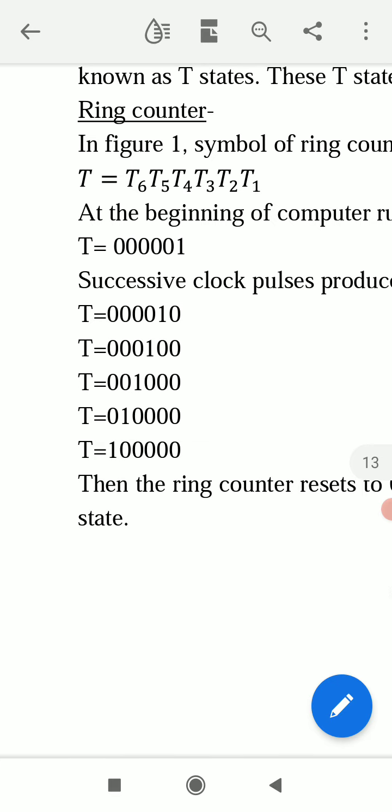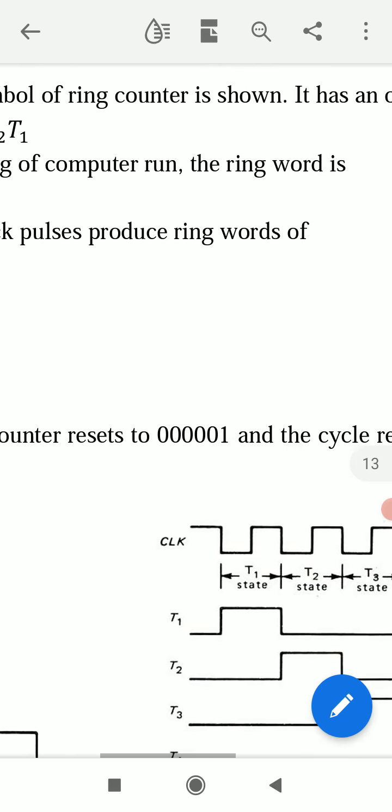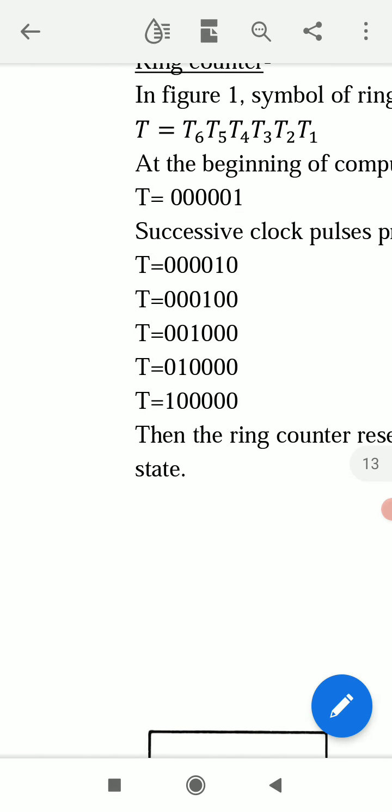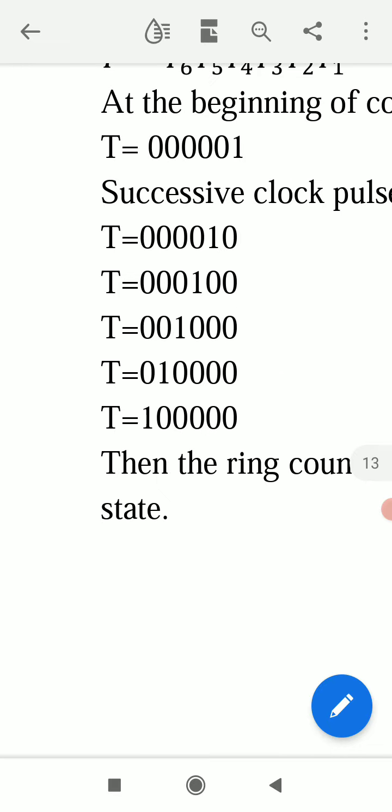Successive clock pulses produce ring words of T equal to 000010, then T equal to 000100, then T equal to 001000, then T equal to 010000, then T equal to 100000.